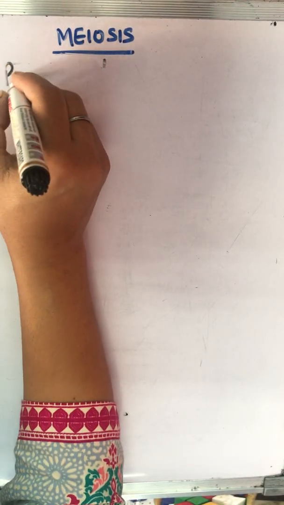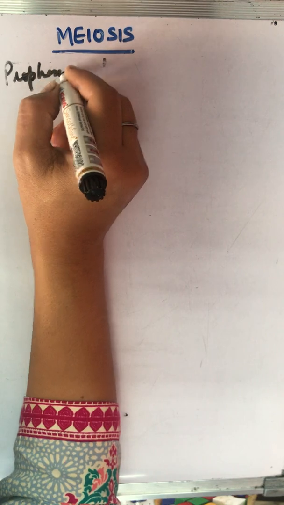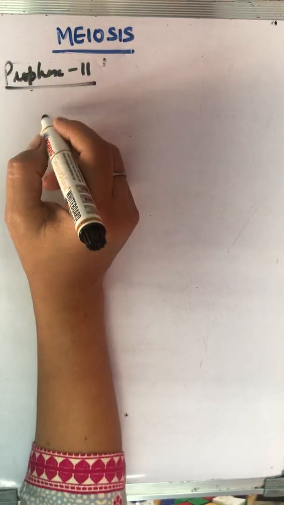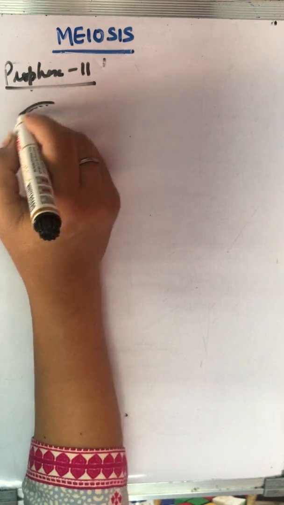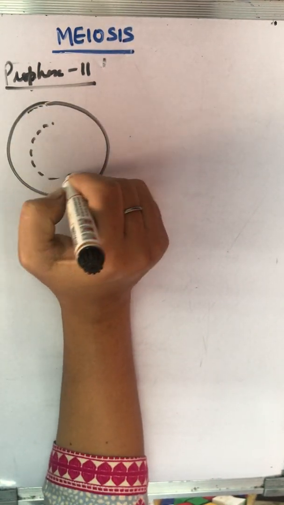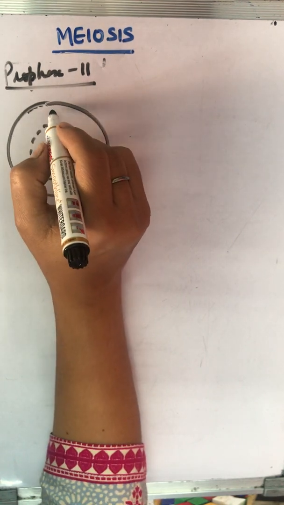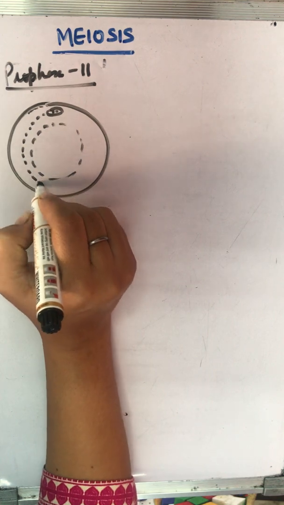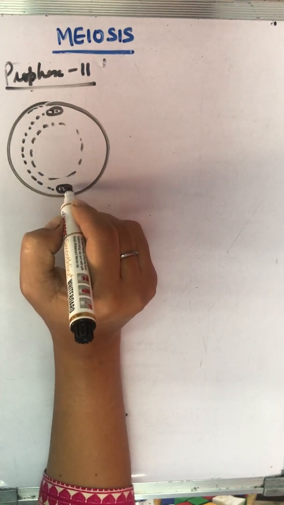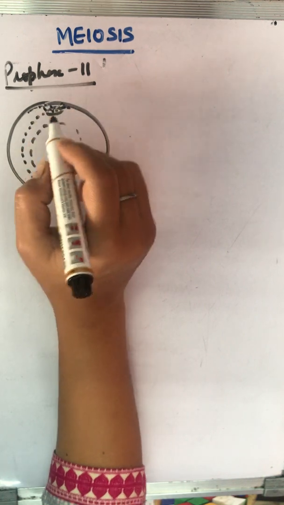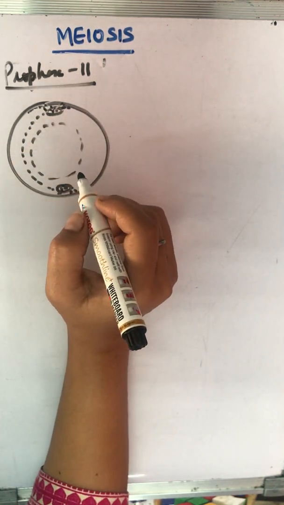When we say prophase 2, here the prophase 2 is a simpler structure, again showing the nuclear membrane disintegrating, showing the spindle apparatus. Its formation is being done, astral ray formation. Please use different color for everything.